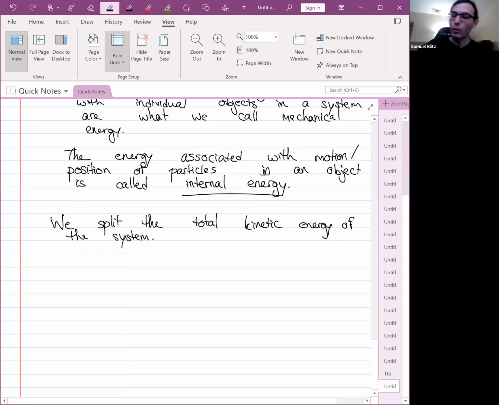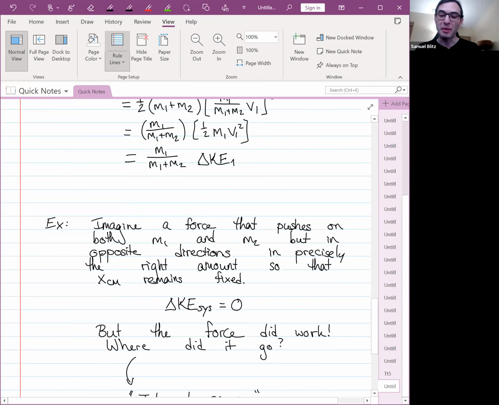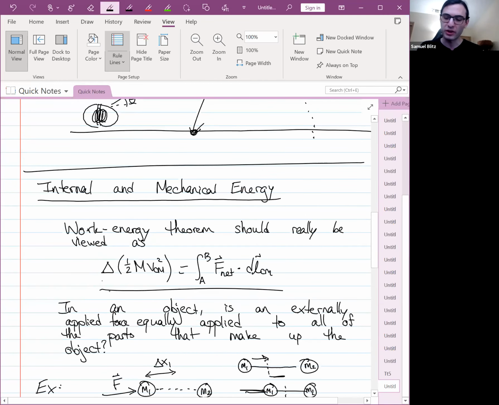So the mistake that we made was that this isn't really quite right, because this is only the energy of the system as a whole, not the energy of the little bitty internal parts, right?